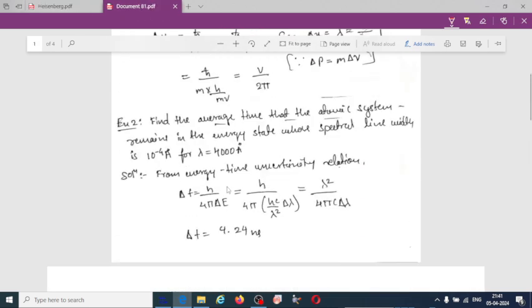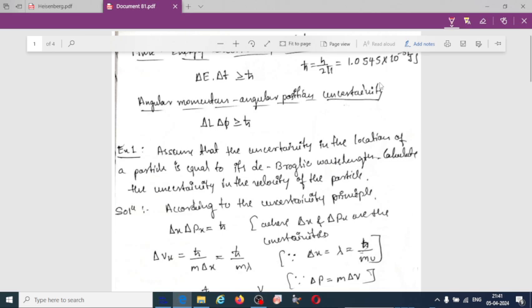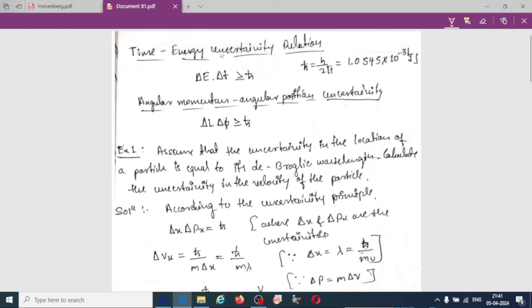Similarly, there is uncertainty in energy and time. Another example is energy and time. You can't measure or calculate energy and time simultaneously.